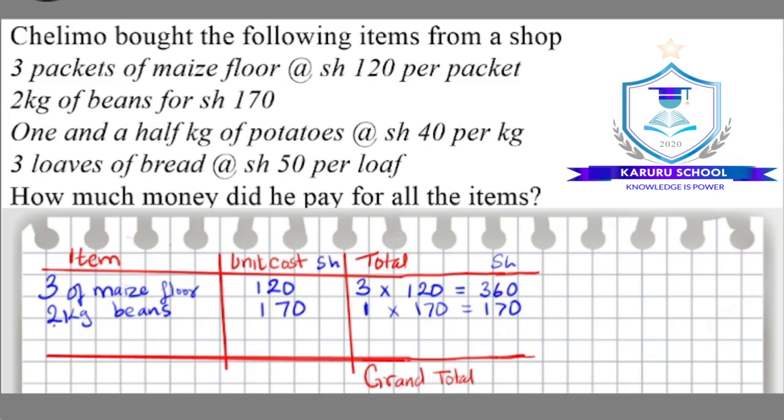And then we have 1.5 kilograms of potatoes at 40 shillings per kilogram. The total for the potatoes will be equal to 1.5 multiplied by 40 shillings.